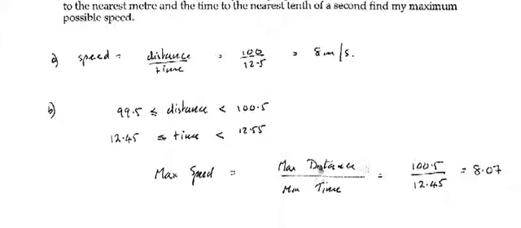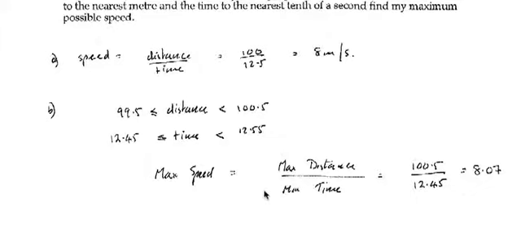So let's say the 100-meter track wasn't marked out very carefully, and the time was as low as it's possible. So let's say that the timer rounded up the time to 12.5, whereas actually it was 12.45. So the greatest that your speed possibly could have been would have been 8.07.